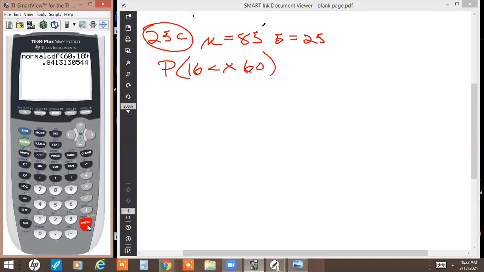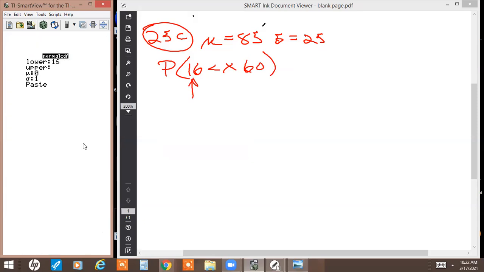So we're going to second distribution, option number 2. This time my lower bound is 16. My upper bound is 60.